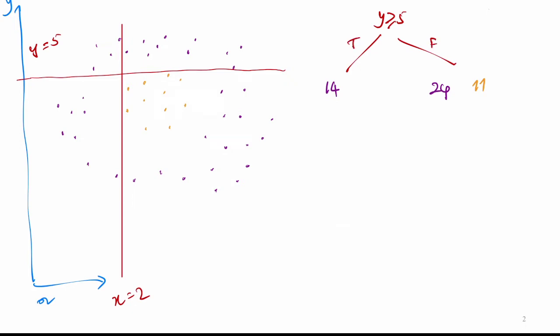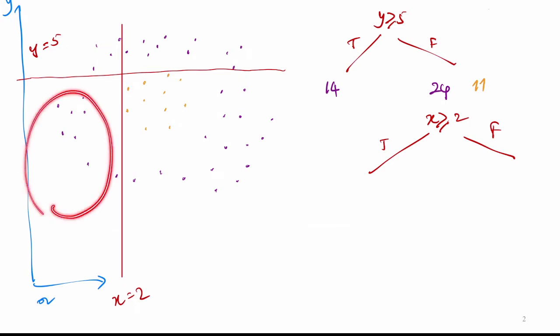Here on the right hand side we do another conditional division, so that would be x greater than or equal to 2. Here we have the true side and here we have the false side. False side would be this side, right?